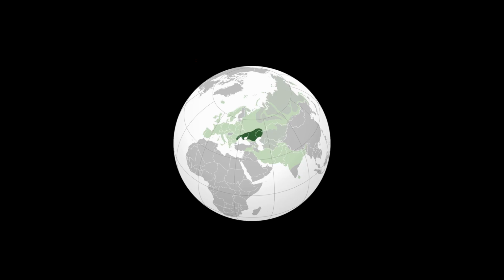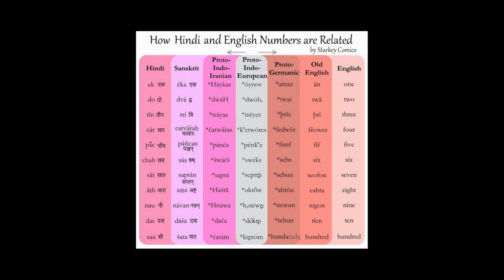All these languages that evolved from Proto-Indo-European are called Indo-European languages. I find it quite fascinating that all these diverse languages from across the earth have the same origin. You can still see some vague similarities between the Proto-Indo-European numbers, English numbers, and Indian languages like Sanskrit and Hindi.